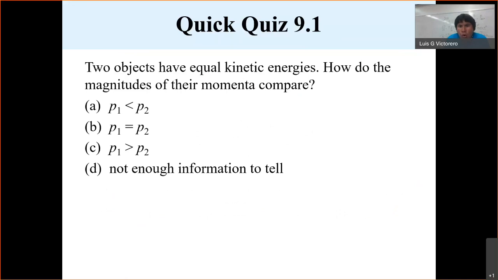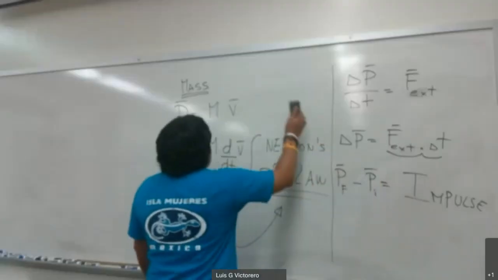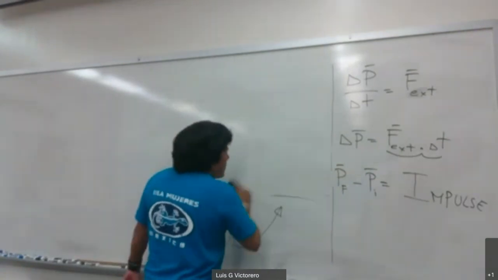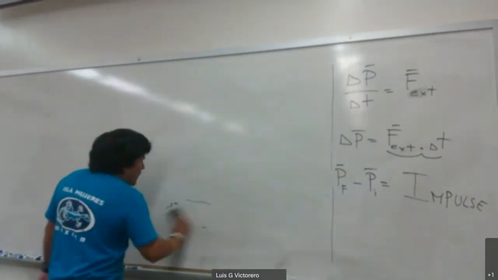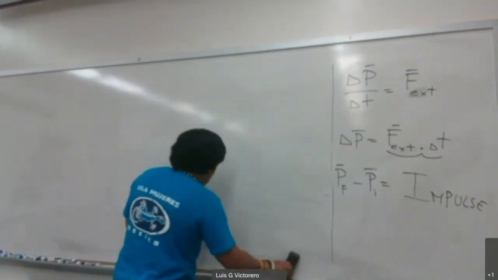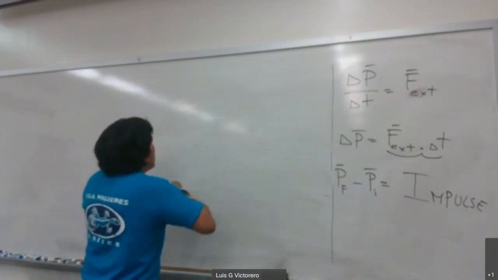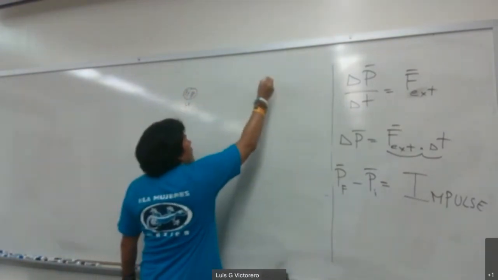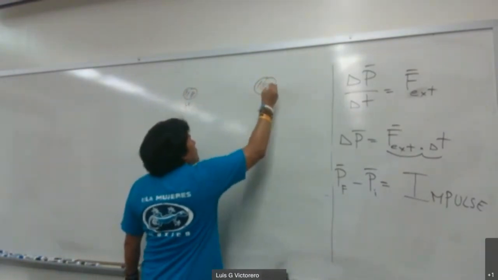Two objects have equal kinetic energies. How do the magnitudes of momentum compare? So let's suppose you have two objects with the same kinetic energy, but they don't tell you anything about the mass or the speeds. So you can say that you have object 1, and this can be object 2.